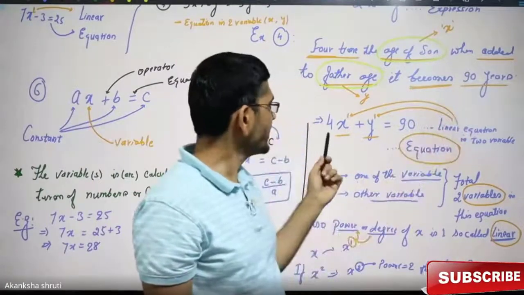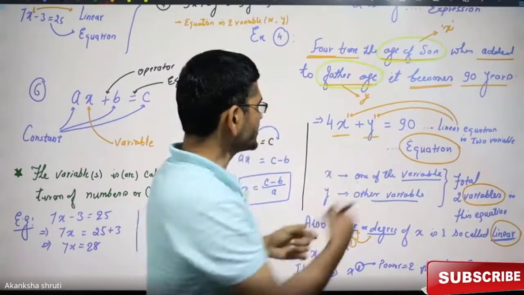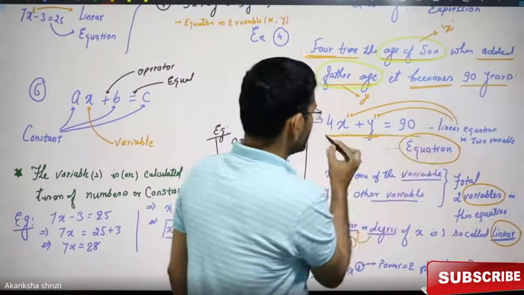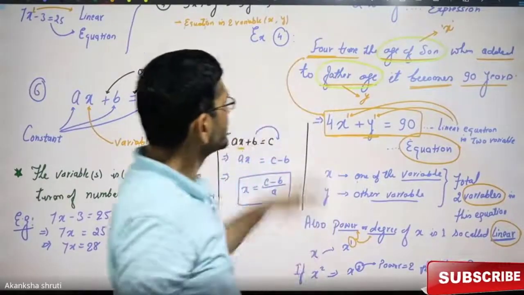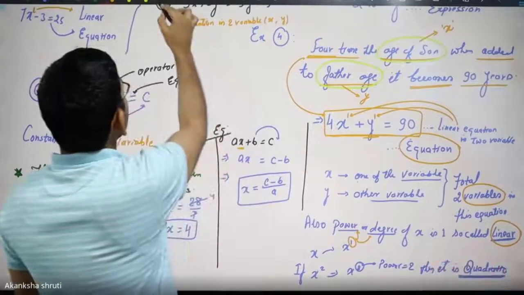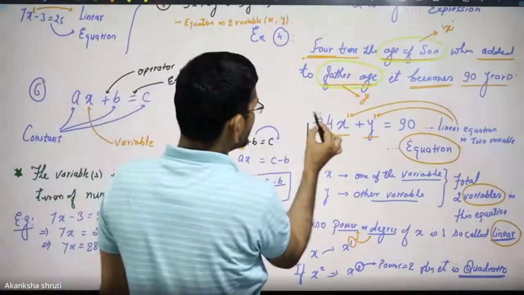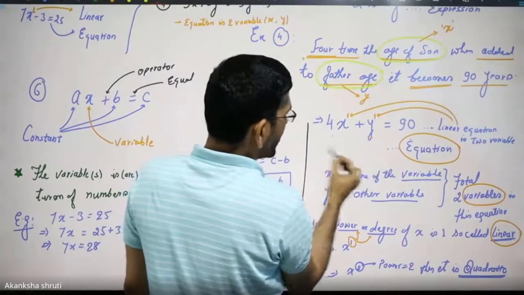So this way this mathematical equation is stated in the form of a statement. When the equation is stated in the form of such an English statement, it is called a word problem.